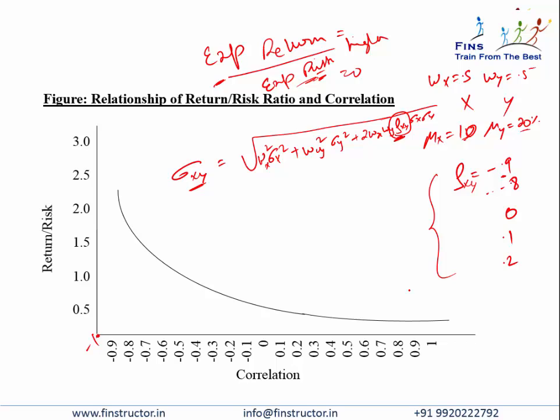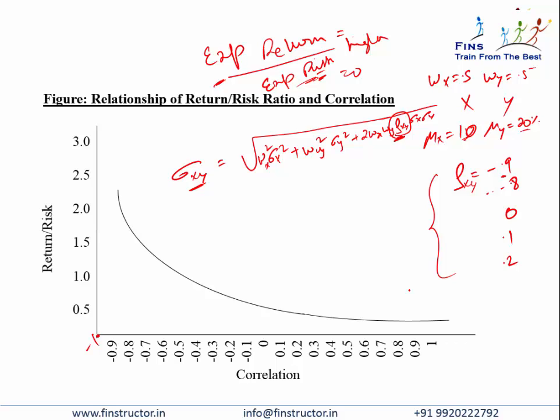As correlation reduces, the risk significantly reduces, hence the return upon risk ratio keeps going up. As the correlation increases, the expected risk also increases, and the return upon risk ratio will go down.